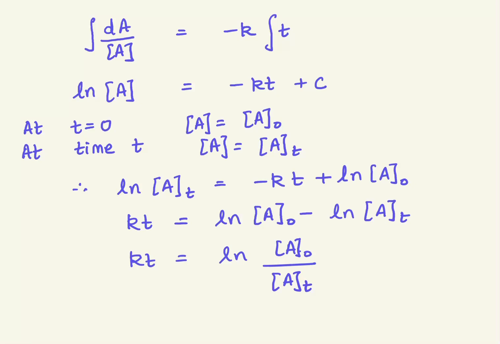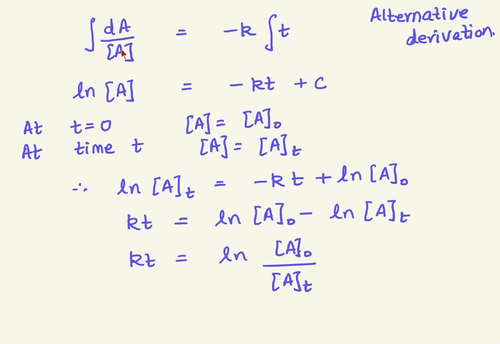Now, I was talking about the alternative derivation, right? Where you put the constant, because in many of your textbooks, the derivation is given with the help of the integration constant. So I'm giving this alternative derivation in case you are comfortable with this. You can go ahead with this also.